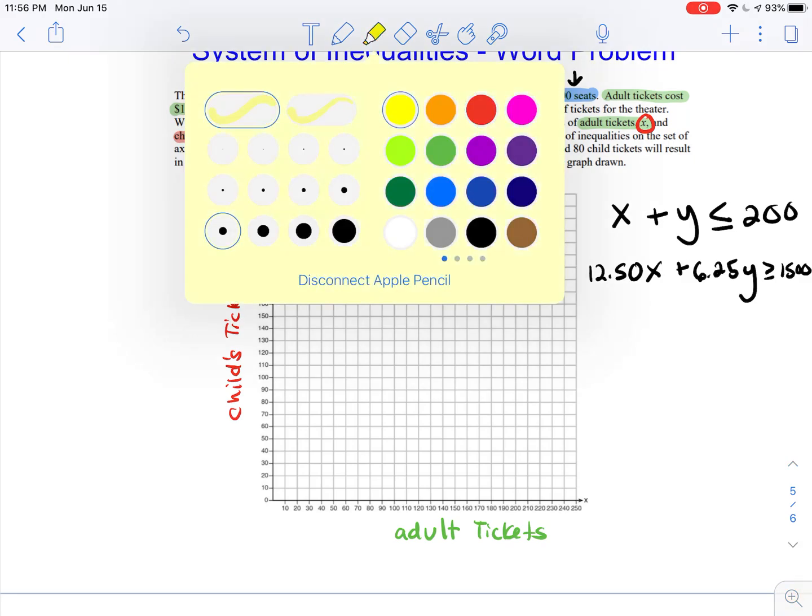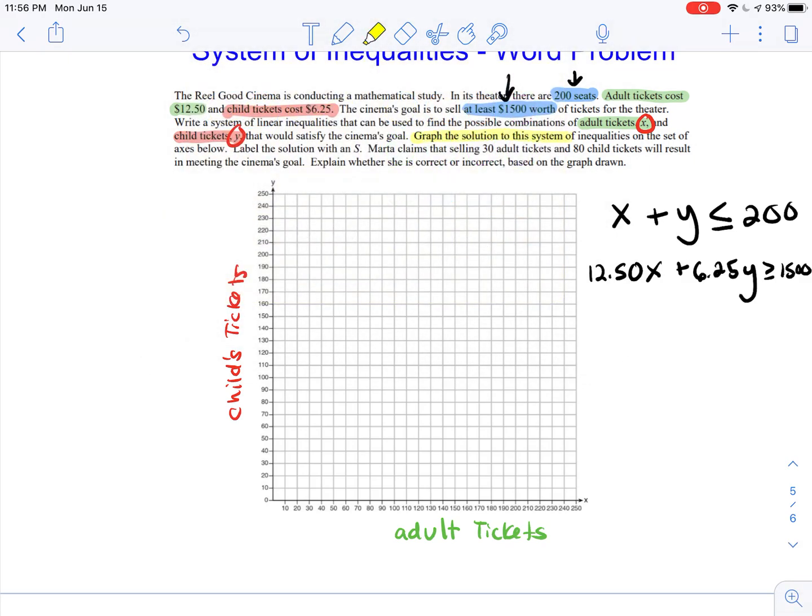So the next part of the question says, graph the solution to the system of inequalities on the axes below. Now, when we have these really tricky, really big numbers, I tend to use my intercept method. The intercept method basically states if you graph the x-intercept and the y-intercept and use a ruler, you can connect those two points to create the line.